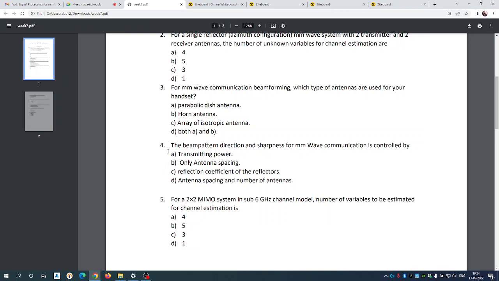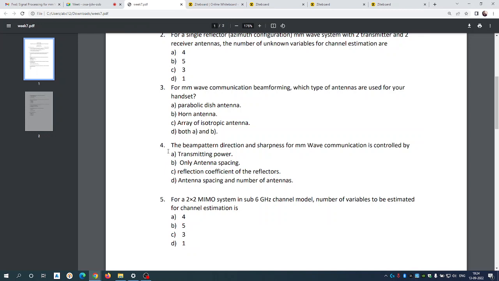If we don't know how the reflector is going to affect things, we are not doing beam forming, like changing the direction of the beam pattern and sharpness with the help of reflectors. We do the beam forming from the transmitter antenna side.